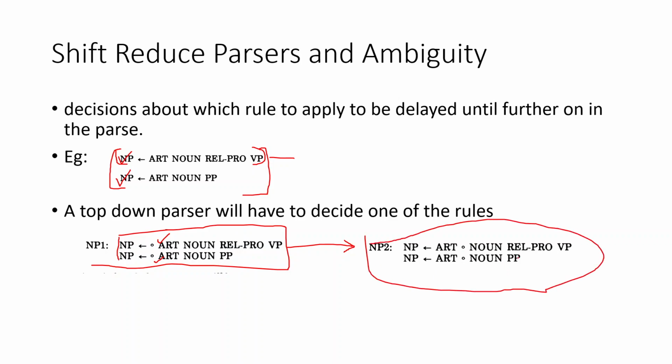And it is only after the noun has been processed, and depending on what input comes, that the shift reduce parser can choose between these. That is one advantage. So one level of ambiguity is being handled here by the shift reduce parser.